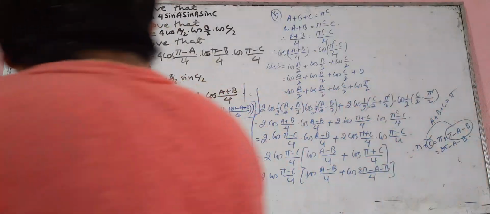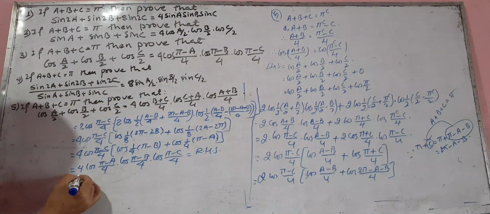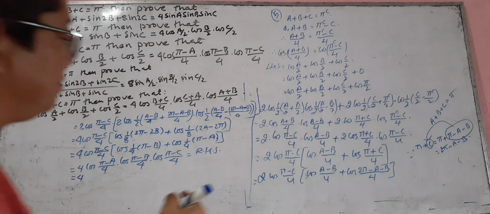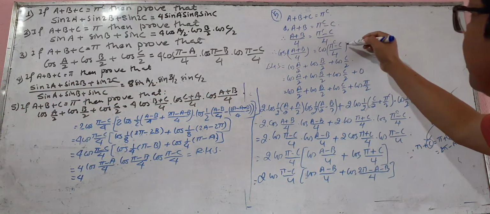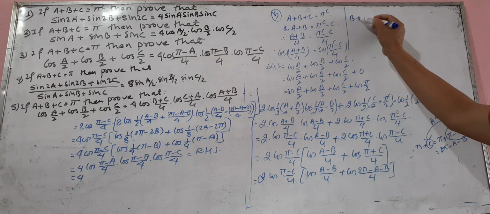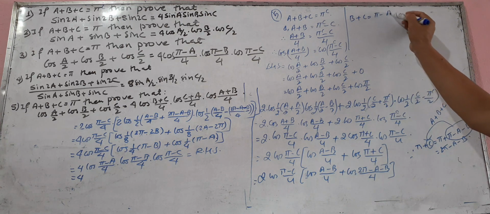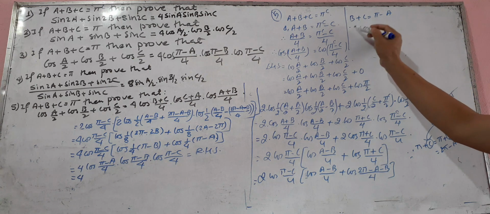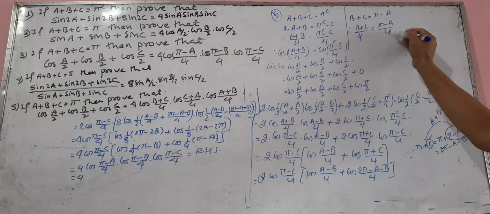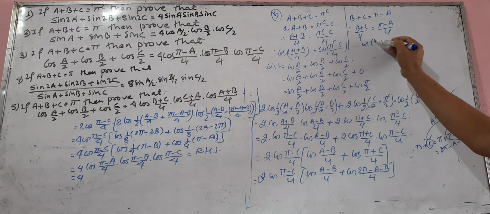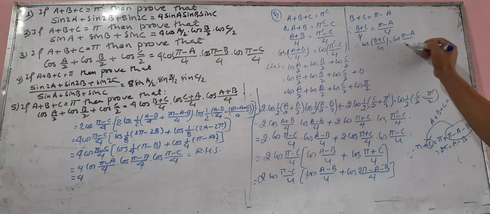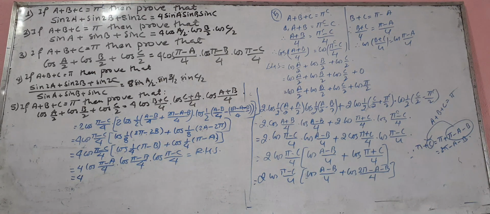Start, only you have to change here for cos (pi minus a). Listen. You can write here, if you take a to the right, then pi minus a, and dividing both sides by 4, (b plus c)/4 equal to (pi minus a)/4. So cos (b plus c)/4 equal to cos (pi minus a)/4.